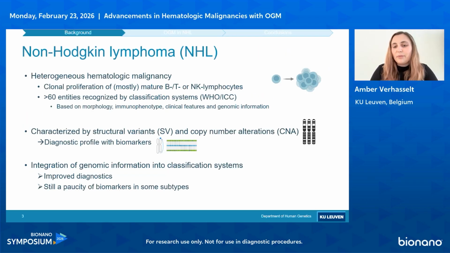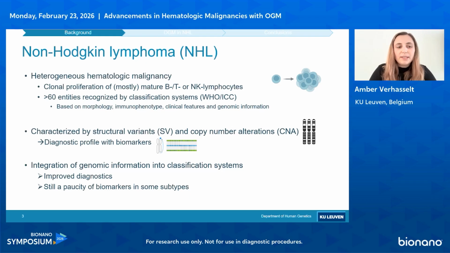Okay, so let's start with what non-Hodgkin lymphomas are. This is a heterogeneous hematologic malignancy, and it arises from the clonal proliferation of mostly mature B, T, or NK lymphocytes. It's heterogeneous, meaning that there are over 60 different entities recognized by our classification systems. This classification is mostly based on the morphology and immunophenotype of the cells, but also on clinical features and genomic information.